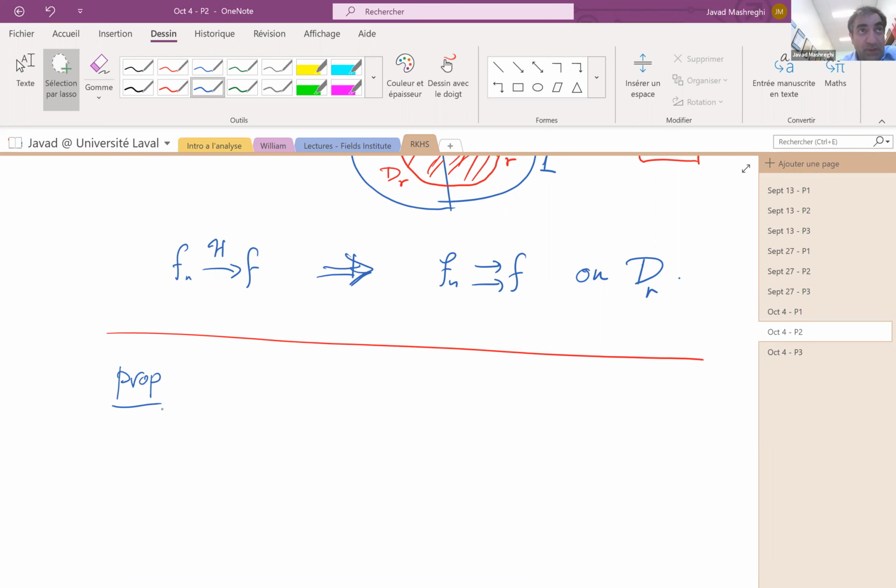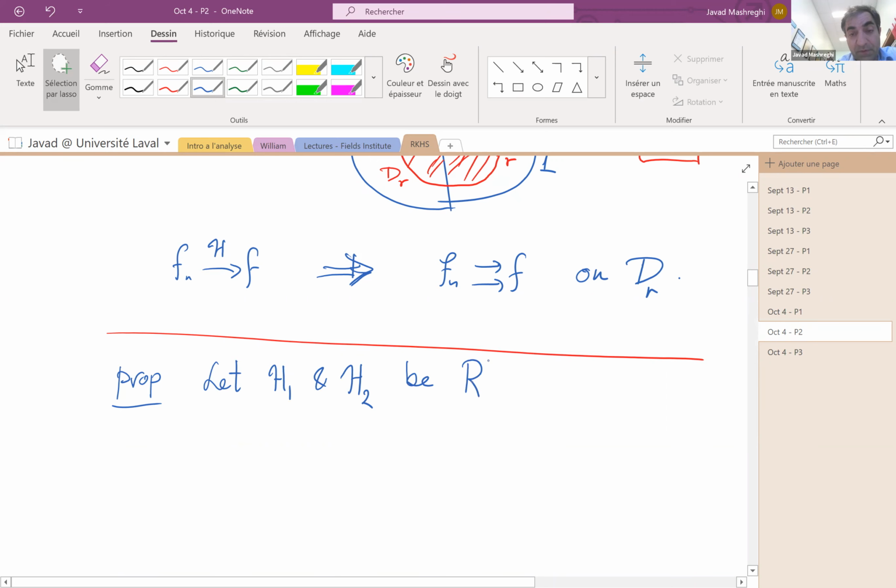So the easy one is this one, proposition. Let H1 and H2 be reproducing kernel Hilbert spaces on a set omega with kernels K1 and K2 respectively.